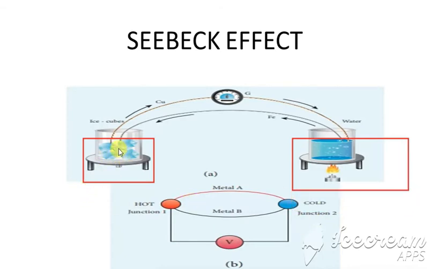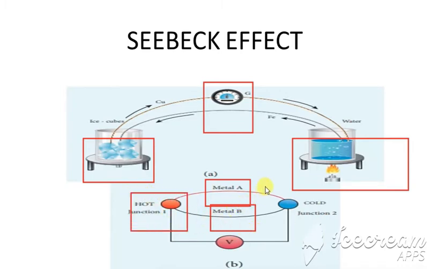And over this, when you are placing a metal like this, there will be a current flow, and that current flow is measured with the help of a galvanometer. So we can say that when two metals are connected at the two junctions, there will be a flow of heat. So this is the Seebeck effect.